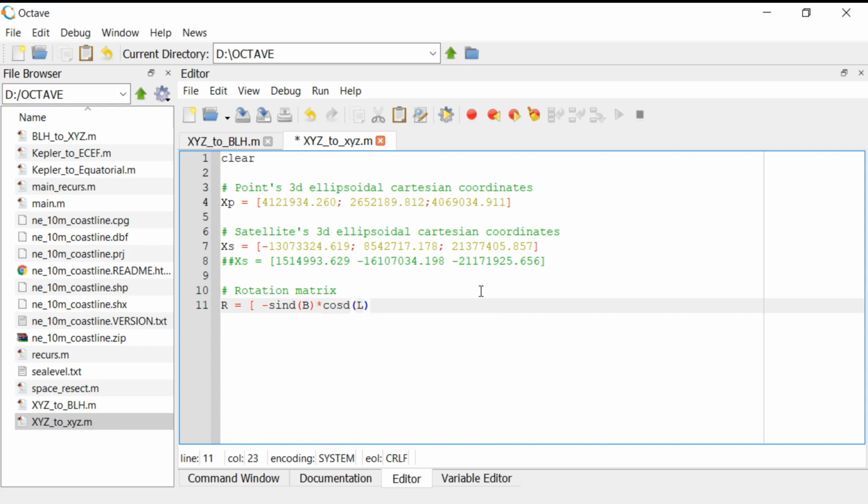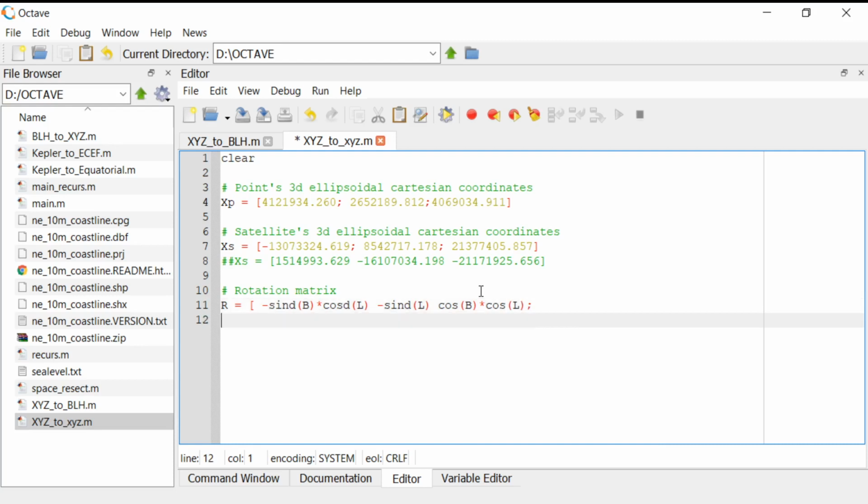Here d denotes that the angles are given in degree units. You can also do it in radian units, but in that case, B and L must be provided, of course, in radian units. The second term in the first row is sine of d lambda, or L, and cosine B times cosine L. So this is the first row.